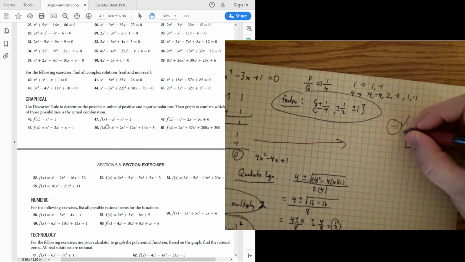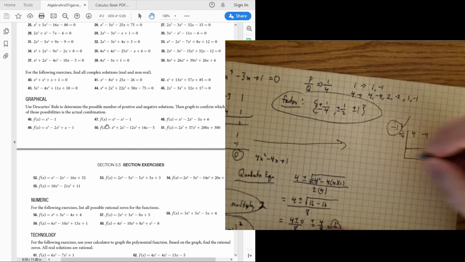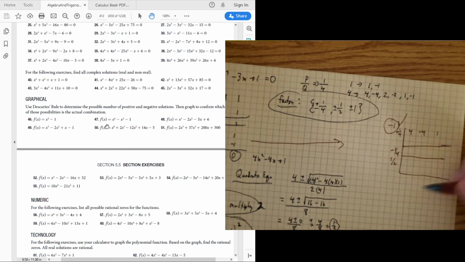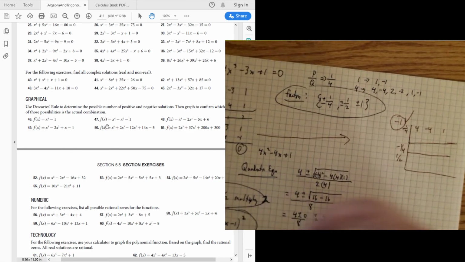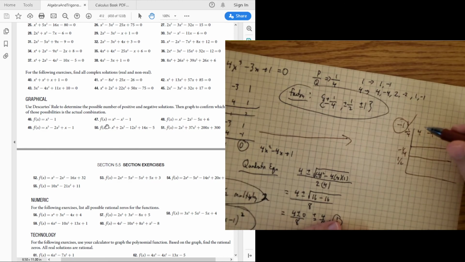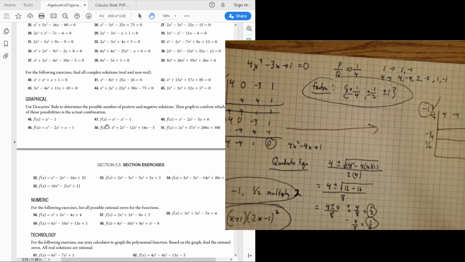Or I could go back and try 1/4 and see if it works. It doesn't. I could try negative 1/4. It doesn't. I could try 1/2, and it does. And the result I will get will be 2x minus 1. If I did the 1/4, never mind. It's too late.